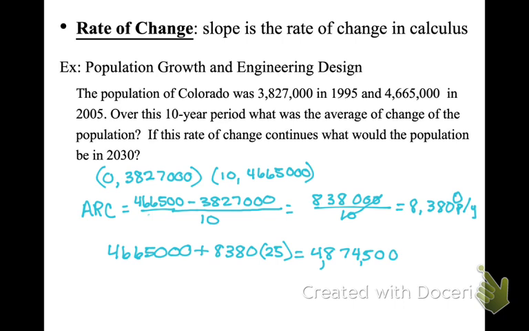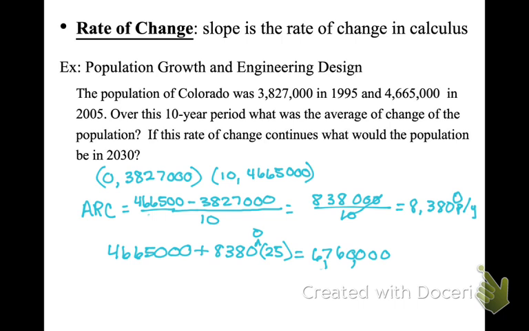Okay, so now that I put my right number of zeros there, I was like, wait a second, only 4 million?